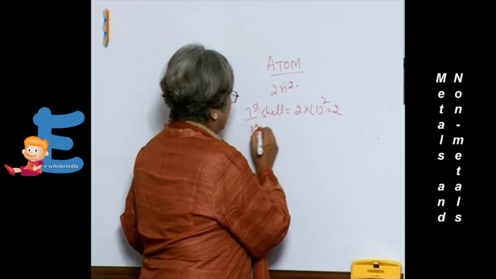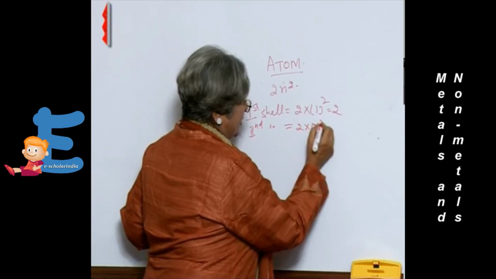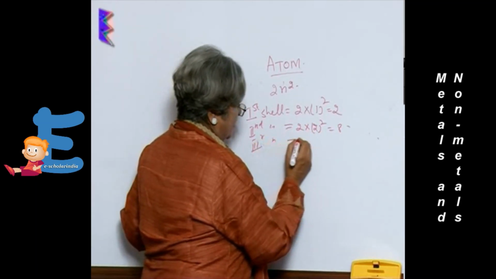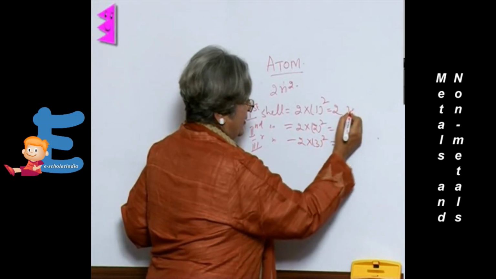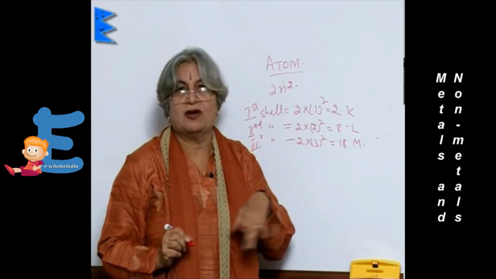Second shell will be 2 into 2 whole square, which means 8. Third will be... so every time the electrons will be arranged.